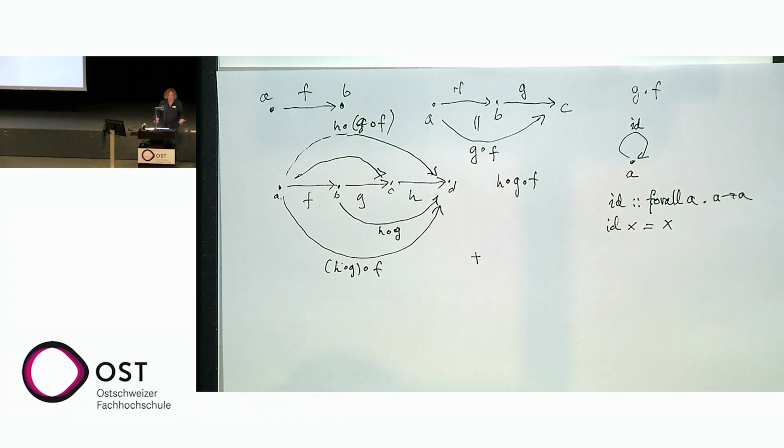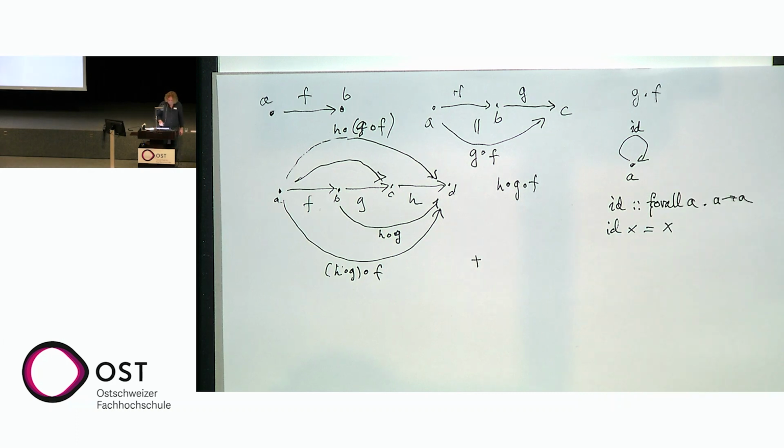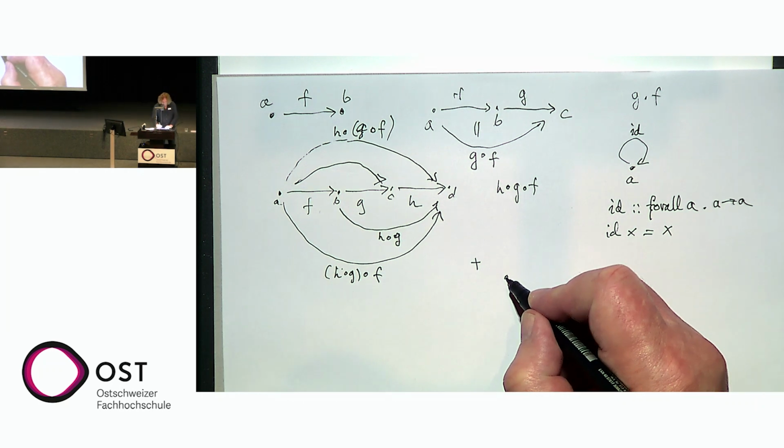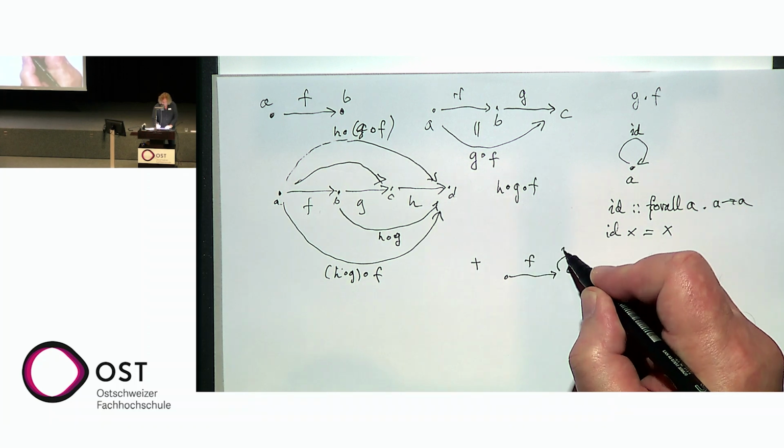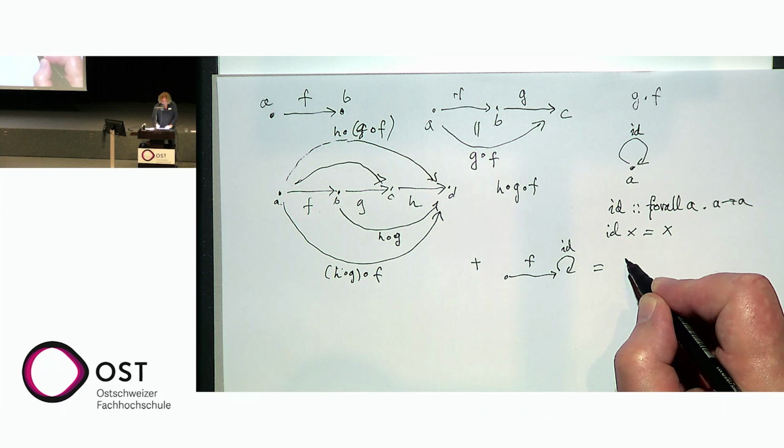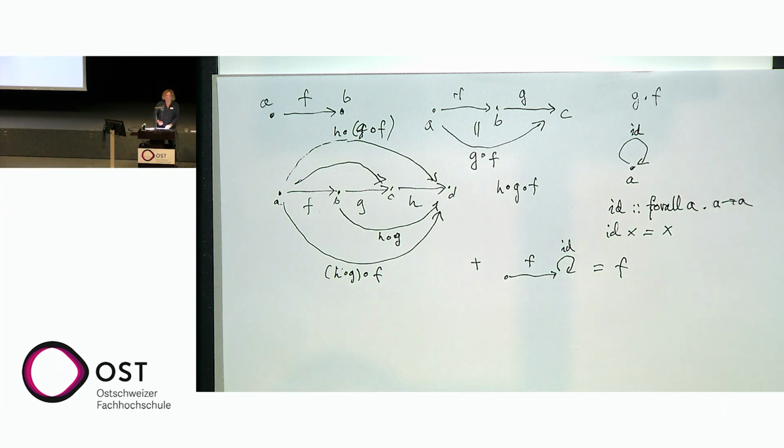And it just doesn't do anything, right? It returns its argument without making any changes. The important thing about identity is that it's an identity with respect to composition. So if you compose, let's say, a function f, and then after you do an identity, it's the same as f, right?